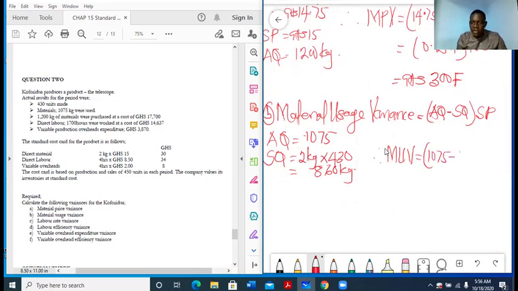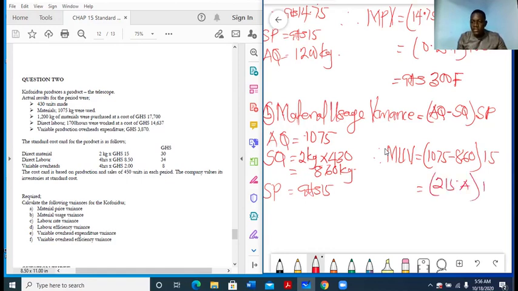Therefore, our material usage variance is 1,075 minus 860 at the standard price, which is 15 Ghana cedis. If we should have used 860 and we have used 1,075, is it favorable or adverse? We have used more, meaning that we're not efficient in the usage of materials. So that gives us an adverse variance. 1,075 minus 860 gives 215 adverse.